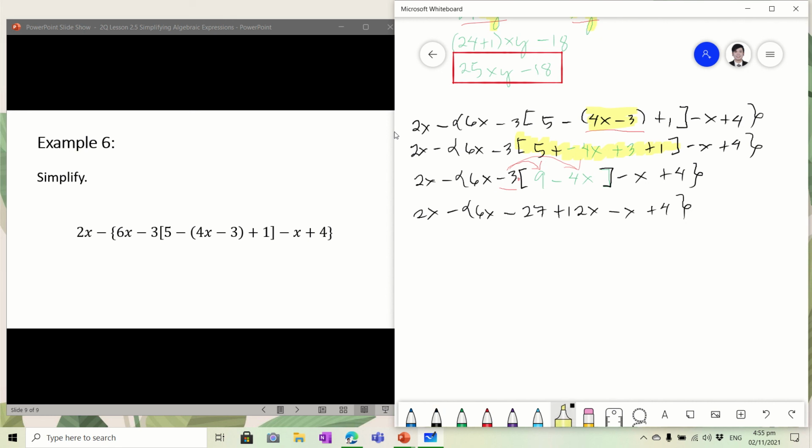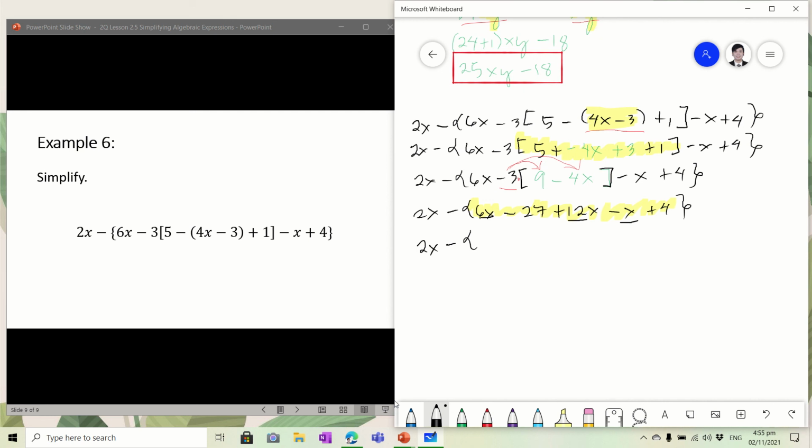So now, your next focus is whatever is inside the braces. So you combine like terms. So just like before, okay, 6x, 12x, and x are like terms. So you can skip already writing all of the solution.